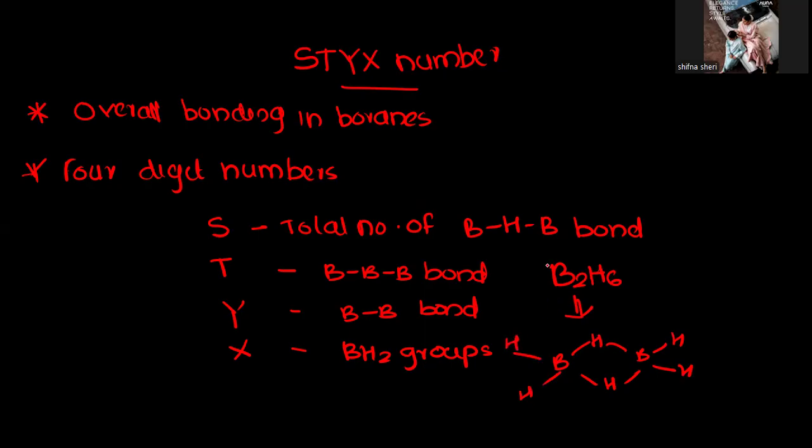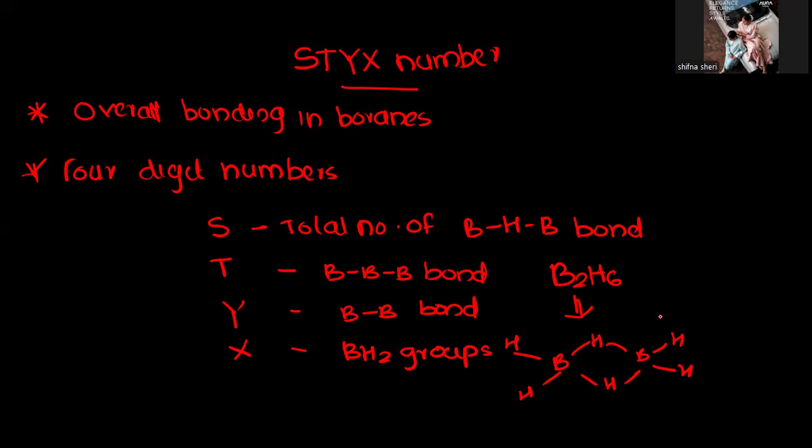It is a very small borane. So when we look at the structure of B2H6, we can find how many BHB groups are here, how many BBB groups, BB groups, and also BH2 groups.